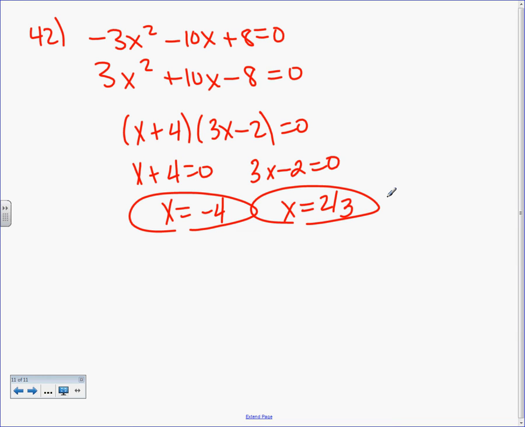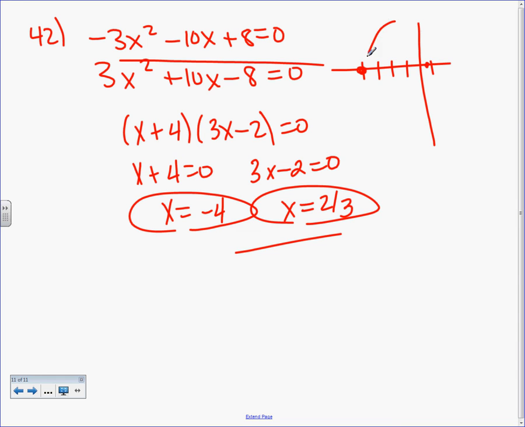Okay, so let's talk about what this means before we do the last 2 questions. If we were graphing this, what would this be? Going back just to step 1, what is that? A parabola, right? It opens down. What did we find? Where it crosses the x-axis. So I know at negative 4 and I know at 2/3. I know it opens down. I don't know where my vertex is.